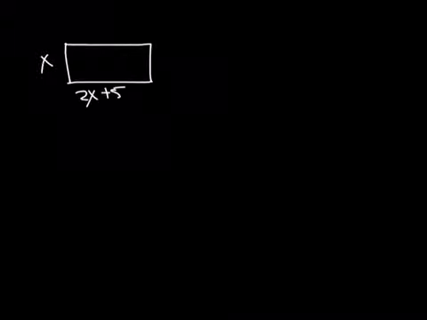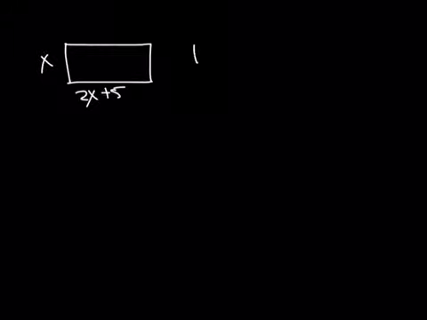Okay? All right, the perimeter is 34, and they want us to find the length and the width. So we're looking for this distance and that distance.